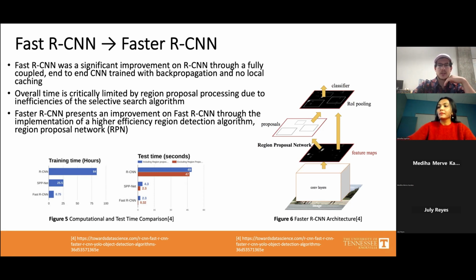So to get around this, faster RCNN scrapped the selective search algorithm and imported something called the region proposal network. The RPN is basically a way to parallelize the computation here. So the architecture is you take an image, you pass it through your convolutional layers to isolate the features in the form of a feature map.